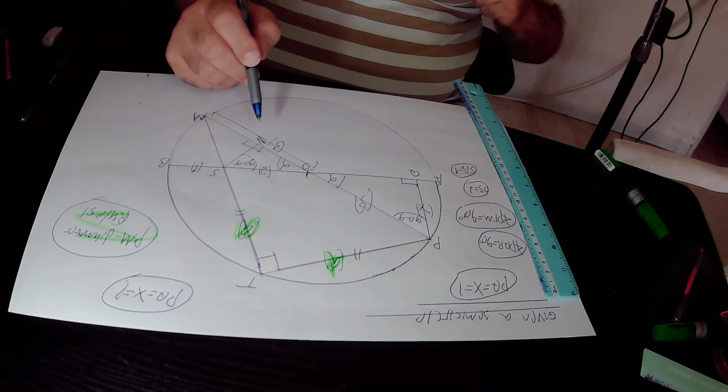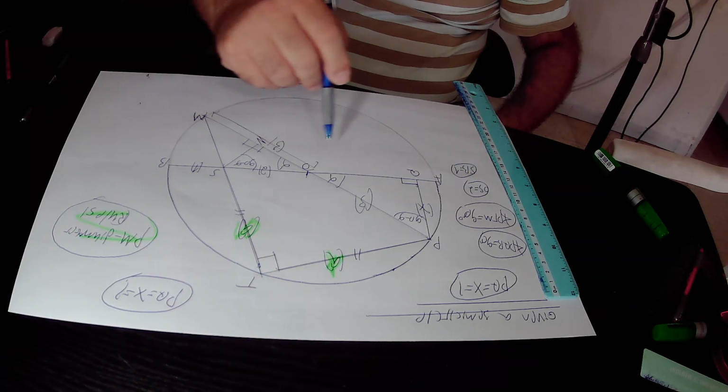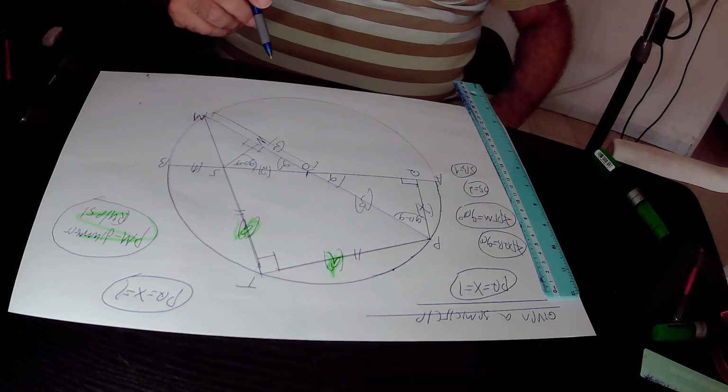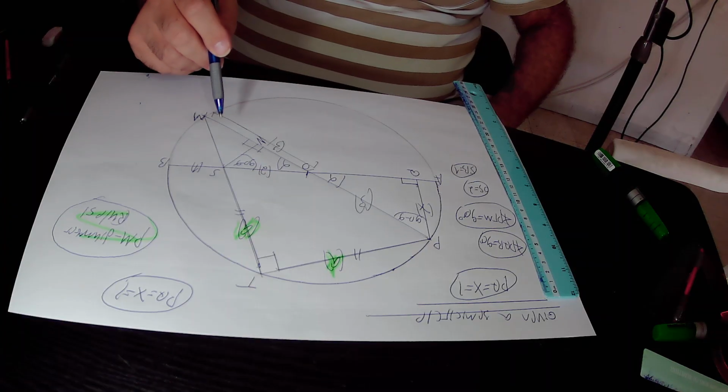So we proved that all the angles of the upper right triangle PQO are correspondingly equal to all the angles of the lower right triangle SNO.